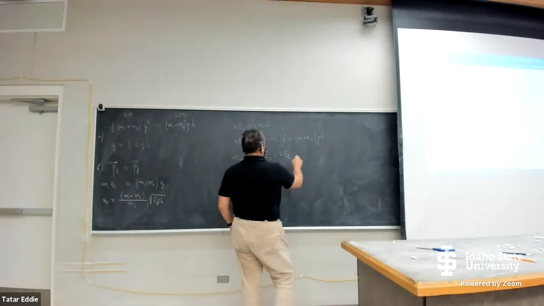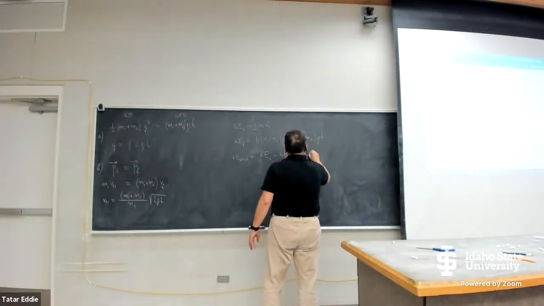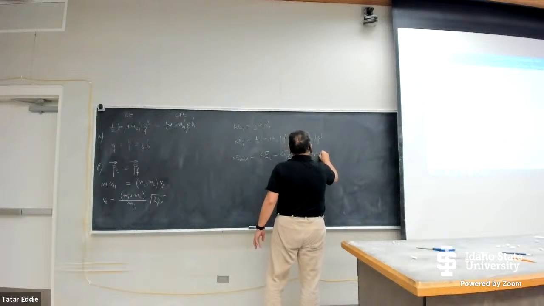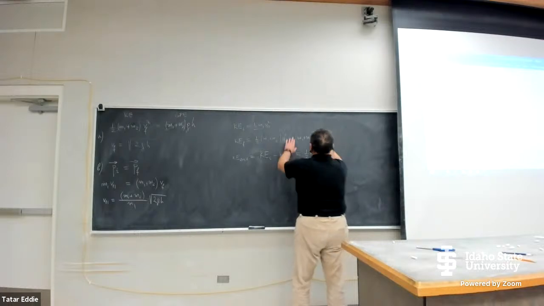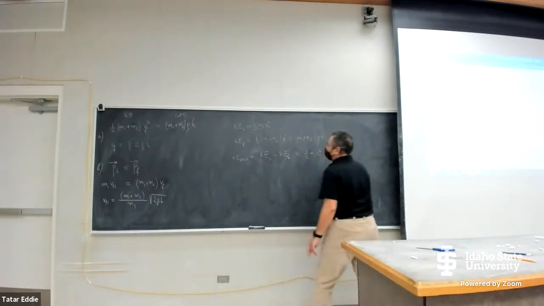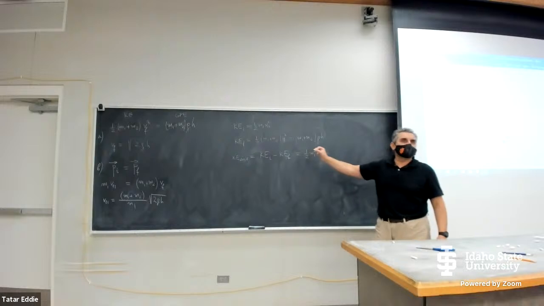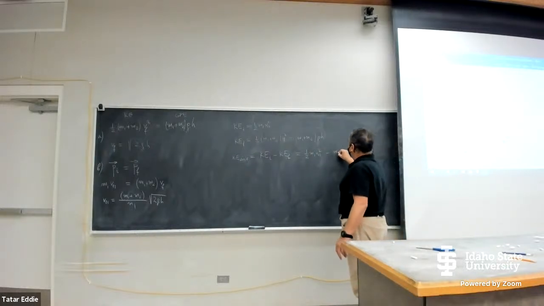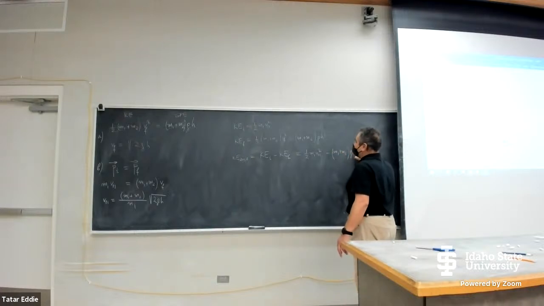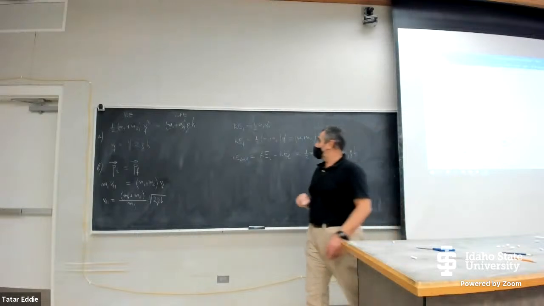In other words, it is 1/2 m1 v initial squared minus, well, I'll use this expression for final kinetic energy just because it is shorter, (M1 plus M2) times GH. This is the kinetic energy lost.